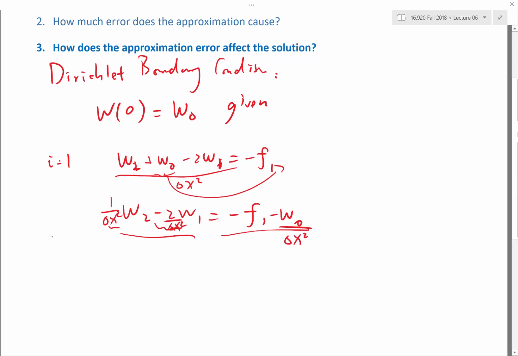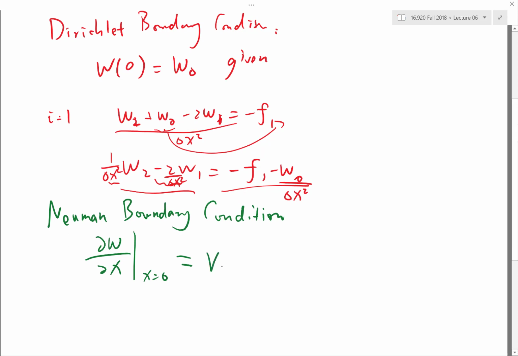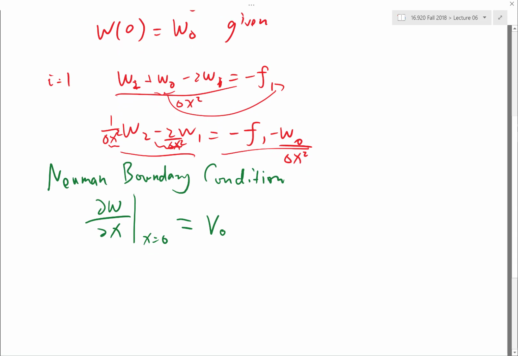But if I have a different boundary condition, let's say the Neumann boundary condition, so that's just different names people give for different types of boundary conditions, it is actually the derivative of the solution at x equal to 0 is a given value, right? So let's say V0, okay? So if this is the case, what I have is a little bit different.